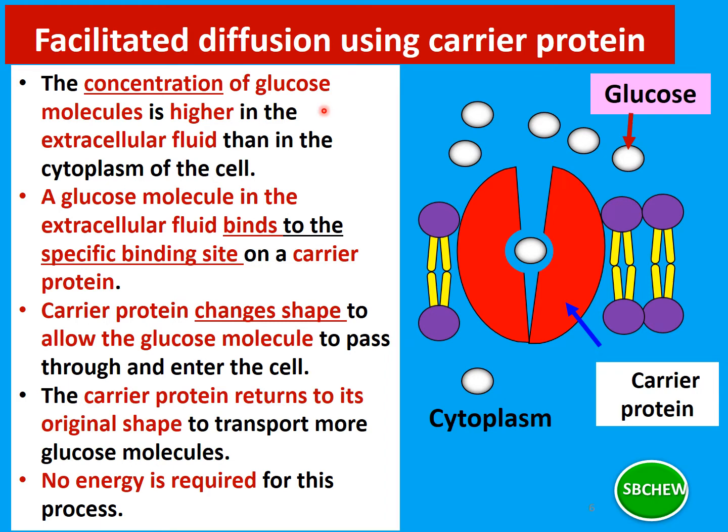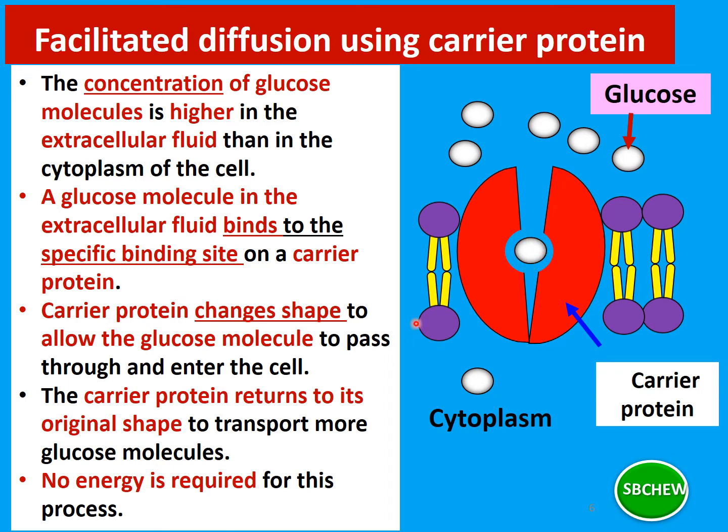Then next, talk about the concentration. The concentration of glucose molecules is higher in the extracellular fluid out here than in the cytoplasm of the cell. Next, what happens to the glucose molecule? It will bind to a specific binding site on the carrier protein here.